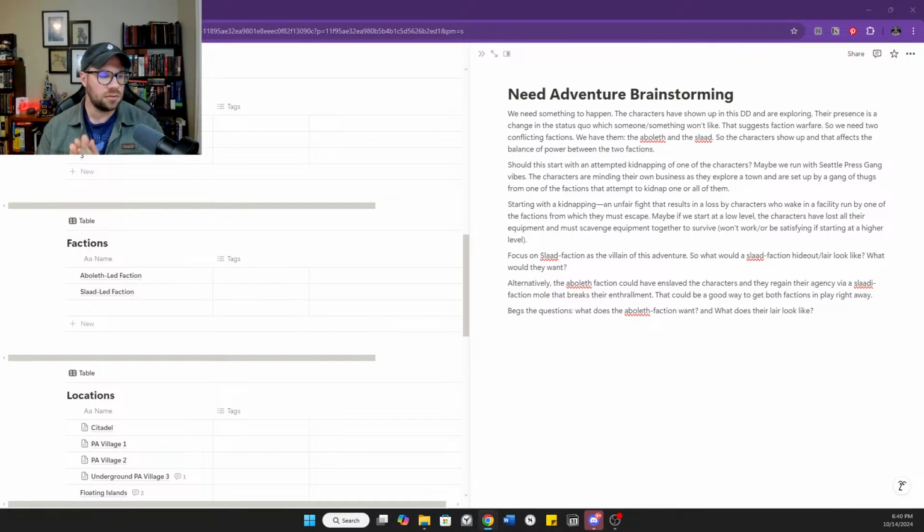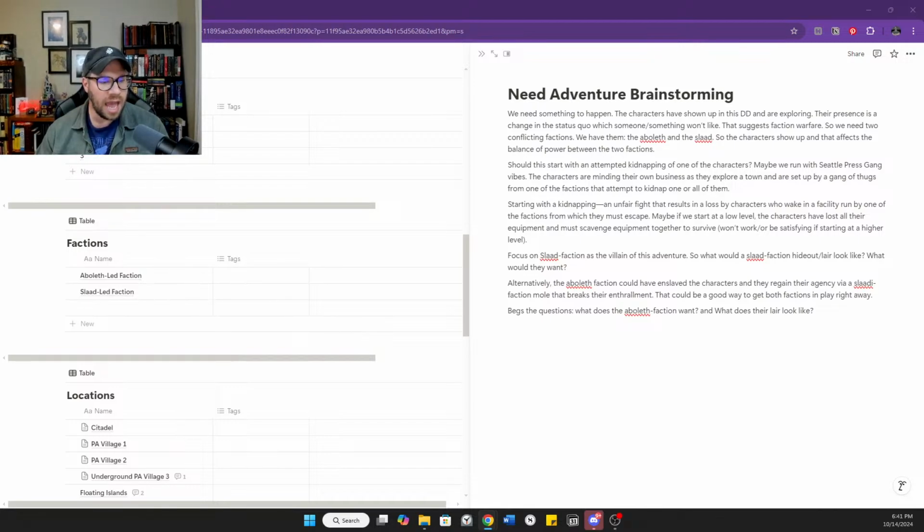Maybe they're looking for that artifact themselves. Maybe they're searching for it. And that's what they need the workforce for, is excavating portions of this undersea city, this flooded city.